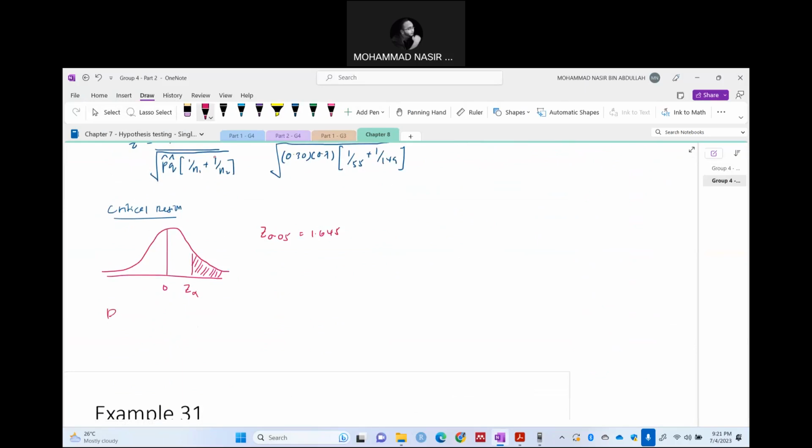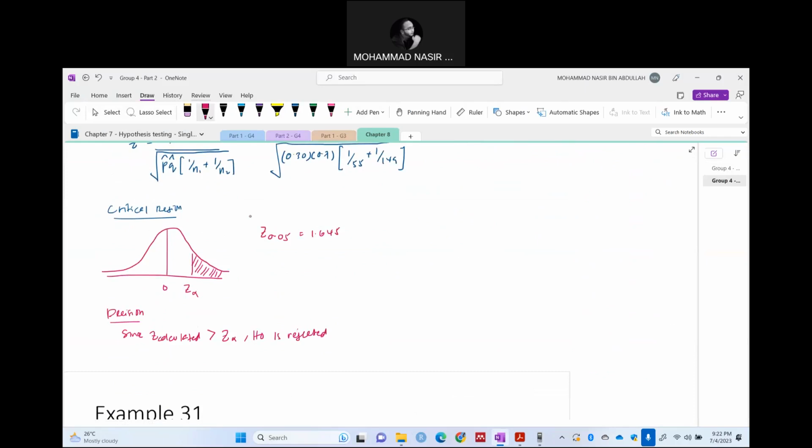So our decision here is, since Z calculated equal to 2.766, which is more than Z alpha, the null hypothesis is rejected.